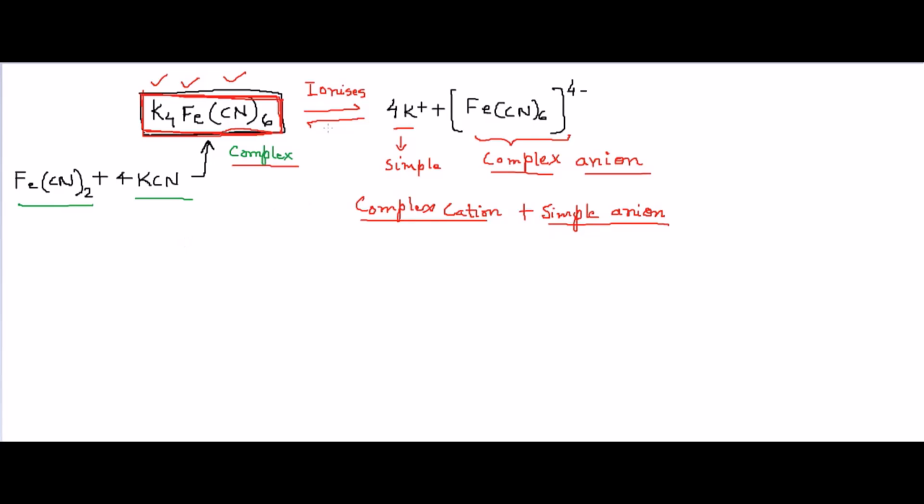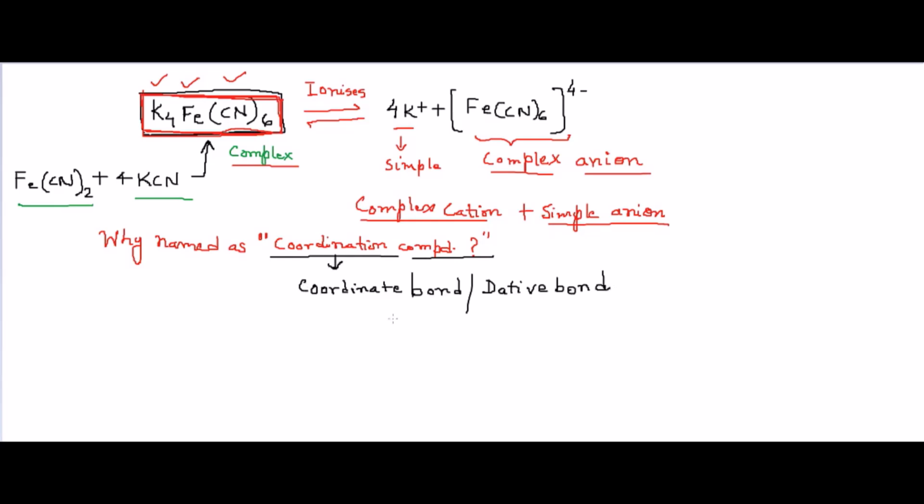And now why are they named coordination compounds? That's because if you look at the bonding between the species in the coordination complexes, it involves the coordinate bond or the dative bond. You know about the dative bond or coordinate bond. What happens in the coordinate bond?